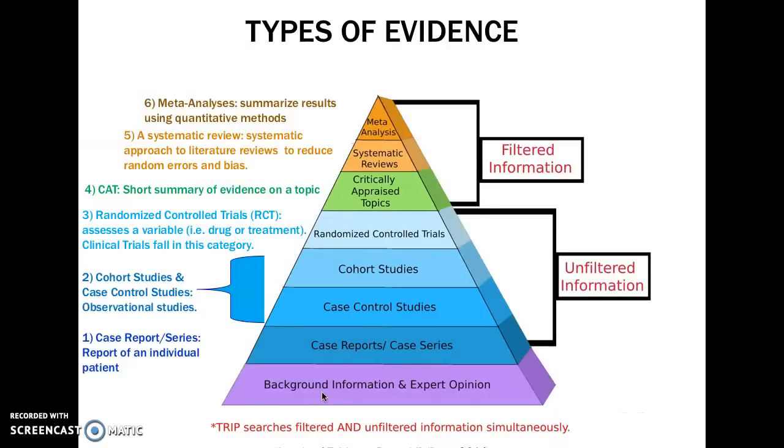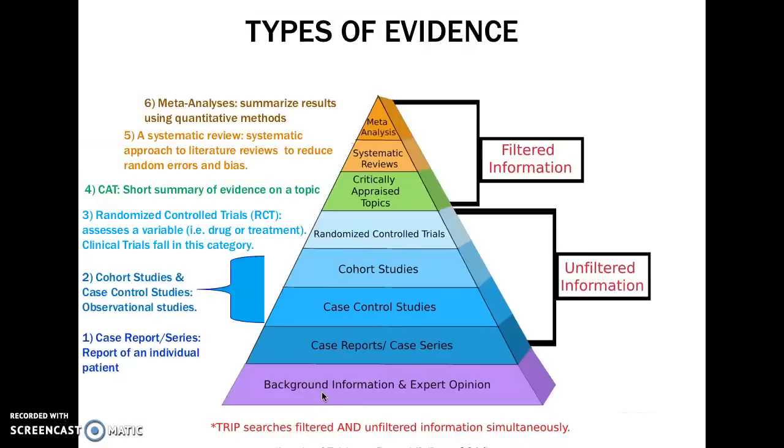So you want to think of unfiltered information as basically the experiment. You have a hypothesis, you test it, you come out with results, and you draw a conclusion. So you are actually the primary means of gathering the data. Although cohort studies, case control studies, and case reports don't necessarily have an experimental design, for example, you could use observation, or in the case of a case report, even report on the individual patient's history.